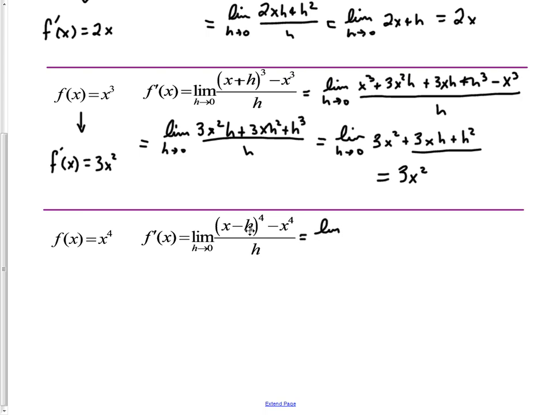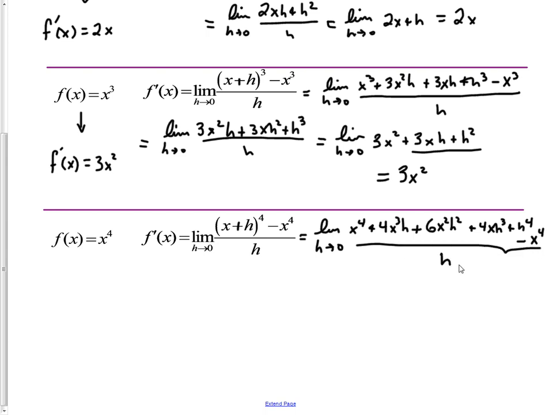When we take x plus h to the fourth, we're taking the limit as h approaches 0 of x to the fourth plus 4x to the third h plus 6x squared h squared plus 4x times h to the third plus h to the fourth, minus x to the fourth at the very tail end of that, and that's all divided by h, of course.